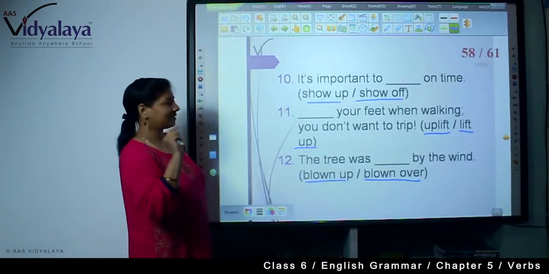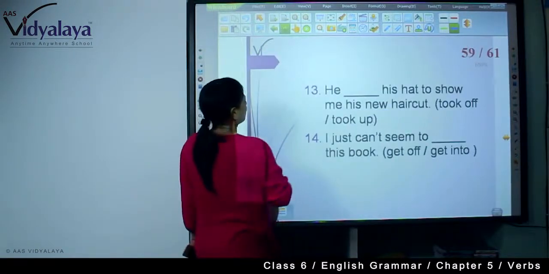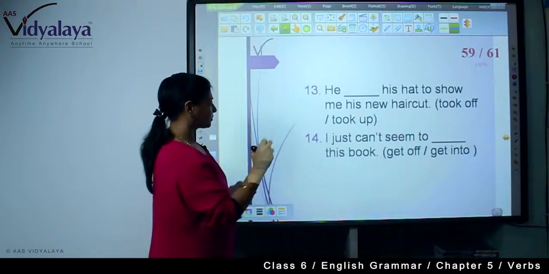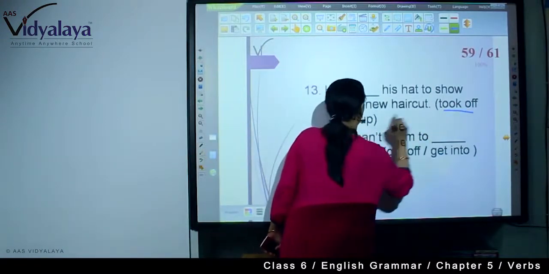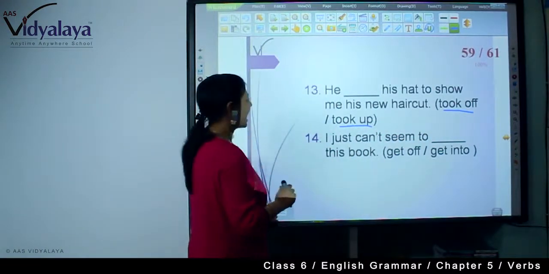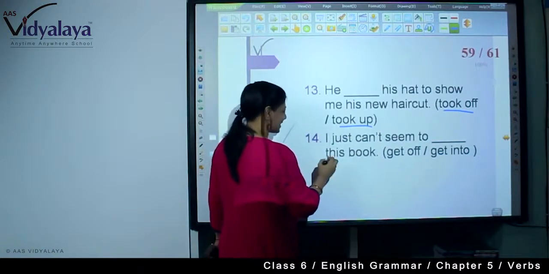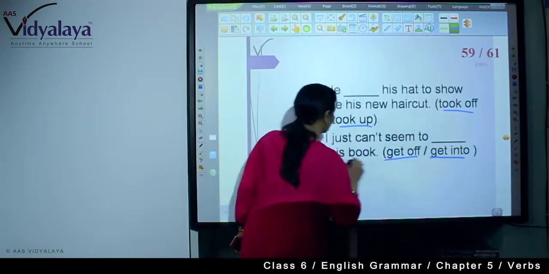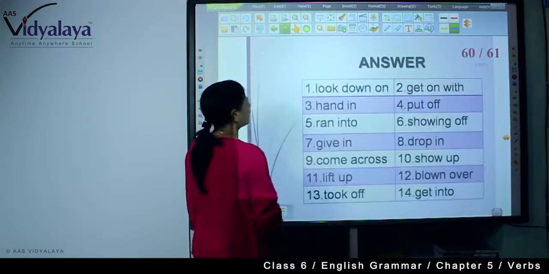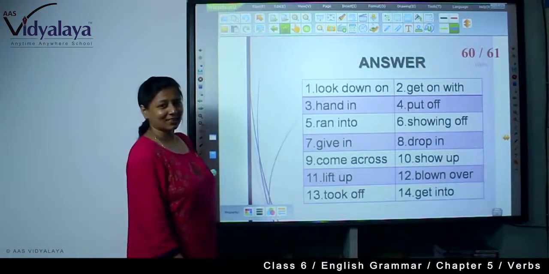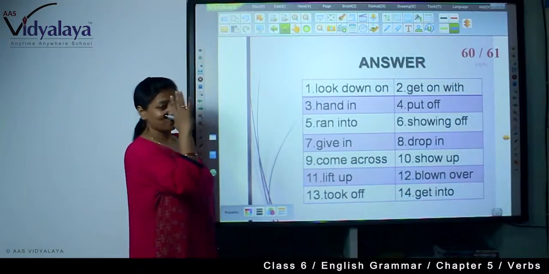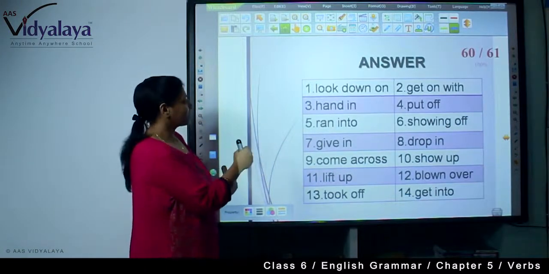You'll have to find the real answer. You try your own. He took off or took up his hat to show me his new haircut. I just can't seem to get off or get into this book. Now the answers are there, but you will have to first go through the questions.